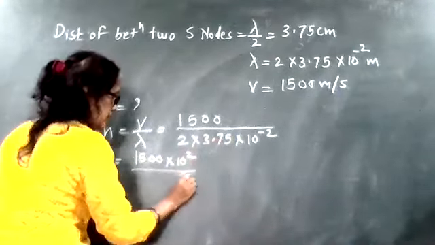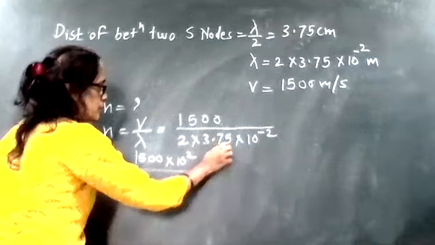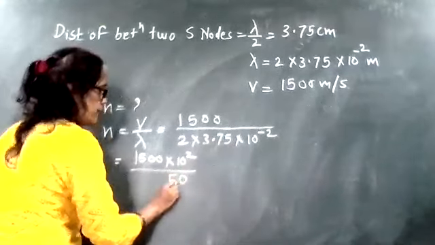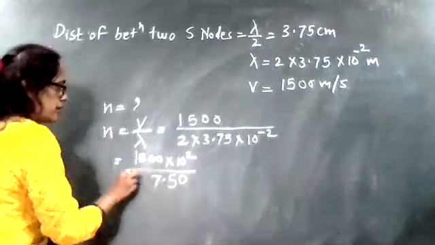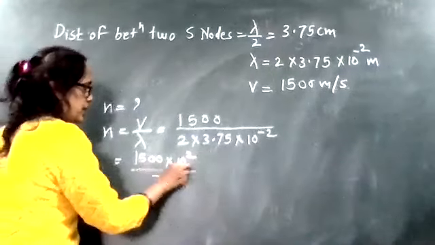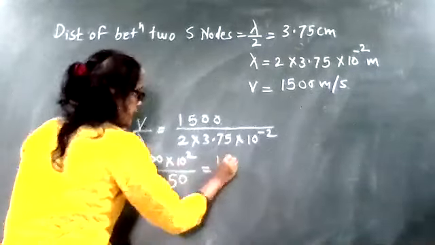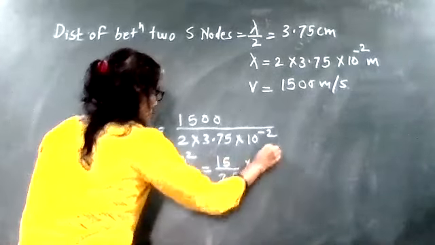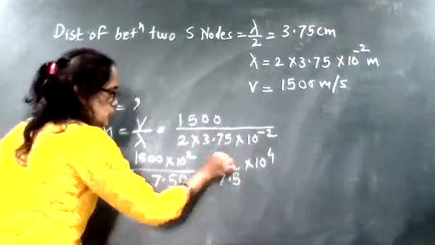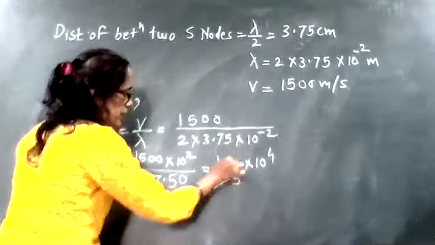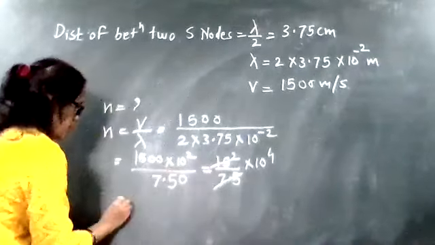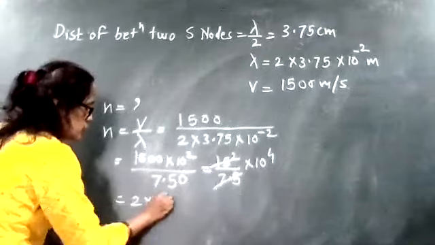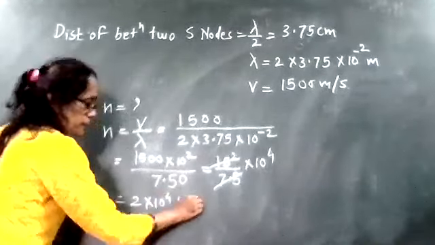2 5s are 10, 1 carry. 2 7s are 14 plus 1, 15. So 1500 into 10 raised to 4 means I write 15 into 7.5 into 10 raised to 4. So 15 divided by 7.5 is divisible by 2. So what I am getting is 2 into 10 raised to 4 hertz.